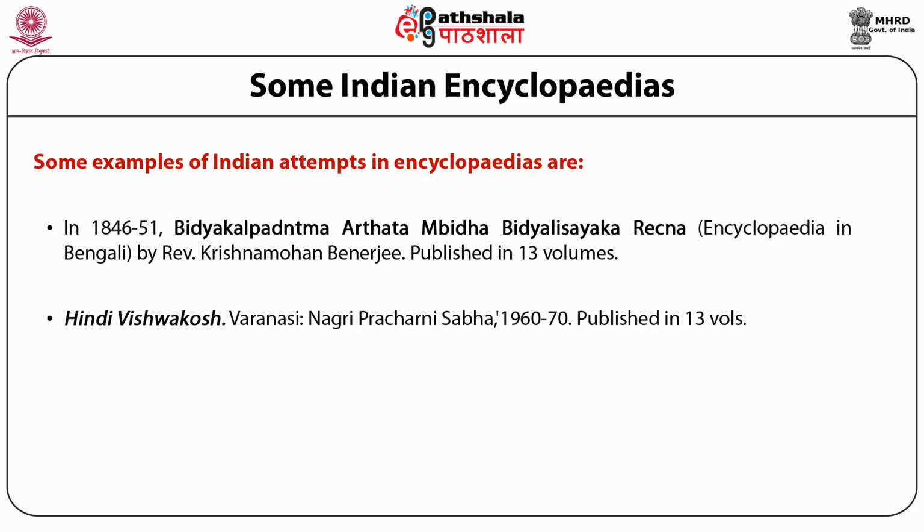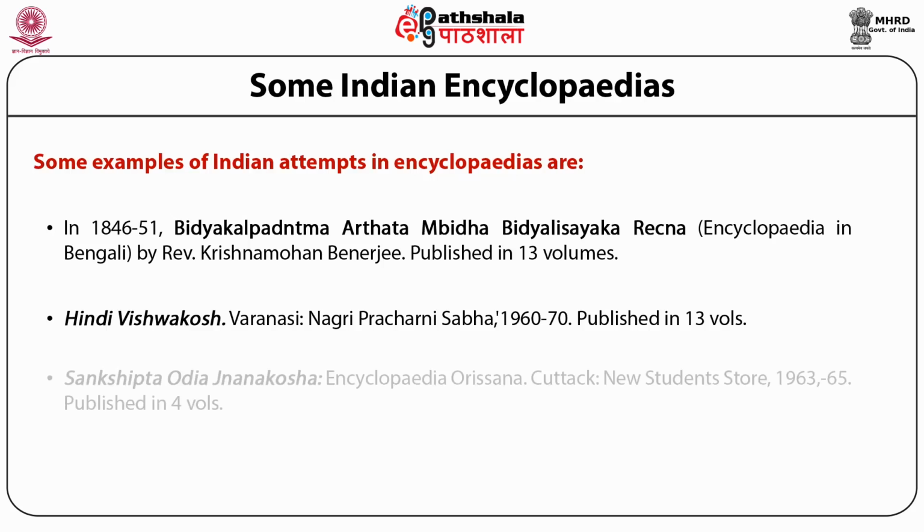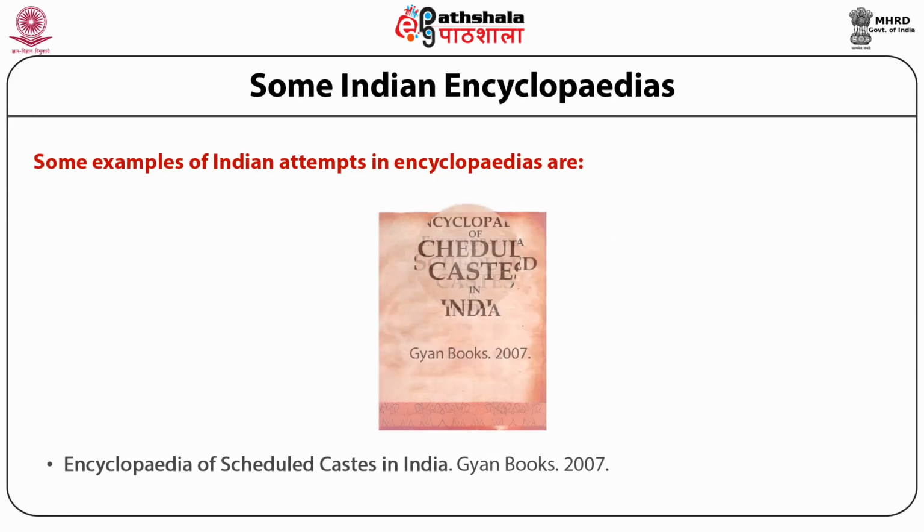Marathi Vishwakosh, published from Bombay by Maharashtra Rajya Shikshita Sanskriti Mandal in 1973. Sankshipt Udaya Janakosha, an encyclopedia from Orissa, published from Cuttack by New Student Store in 1963 to 65. It was published in 4 volumes. Encyclopedia of Scheduled Castes in India, published in 2007 by Gyan Books. Besides this, there have been several other regional efforts in India.